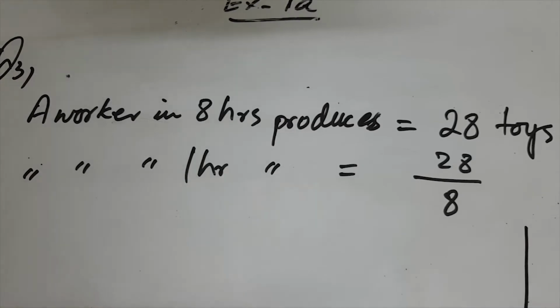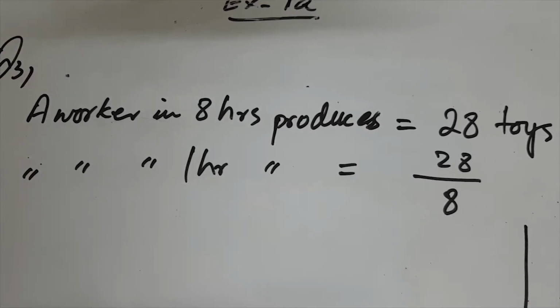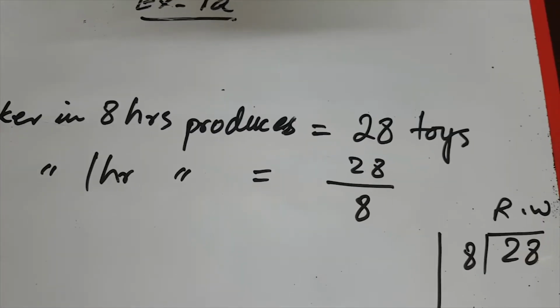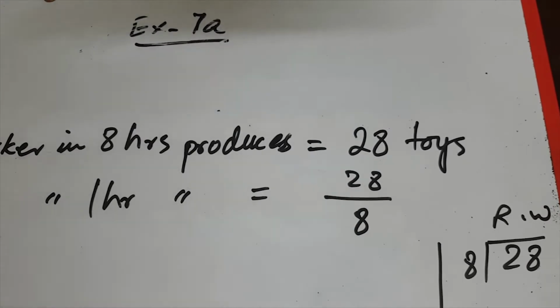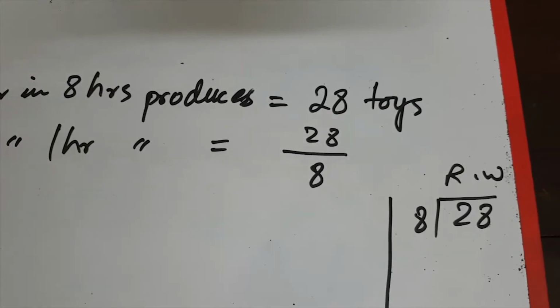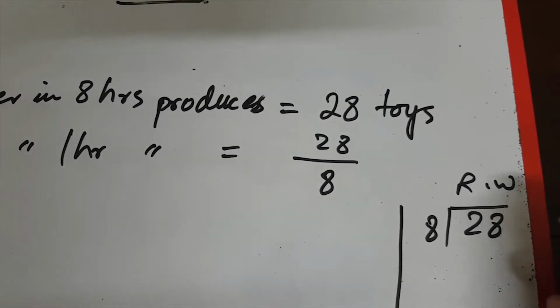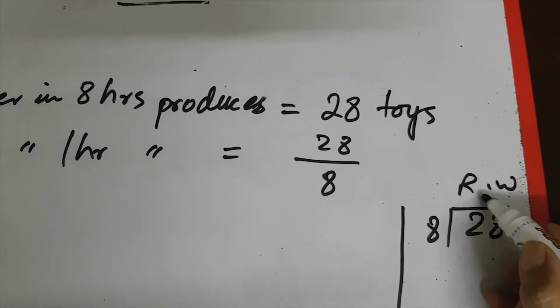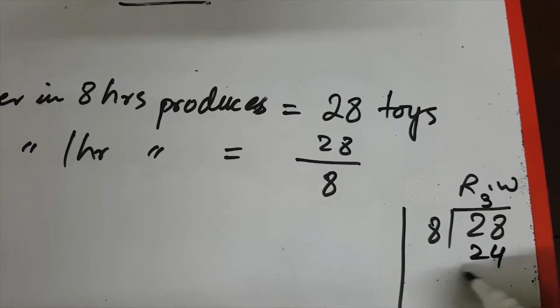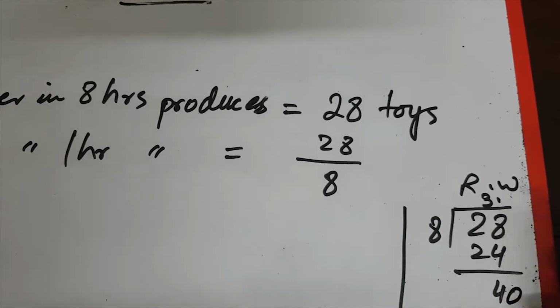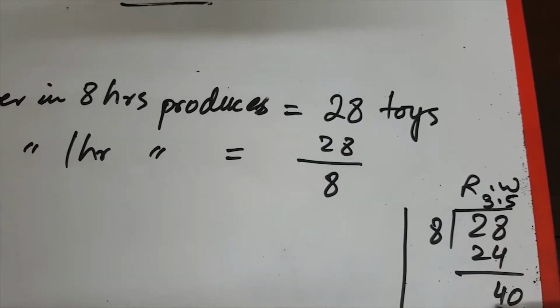So do the division in rough work, find out how many toys he can make in 1 hour. It is 24, left with 4, put a decimal here, 5 8s are 40.